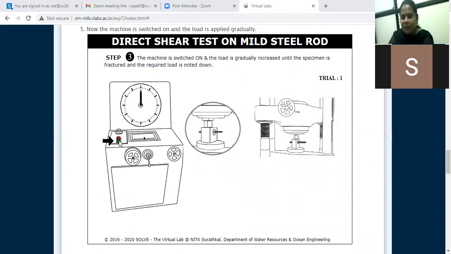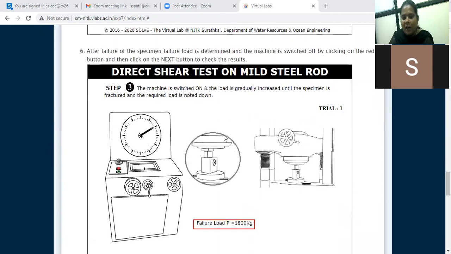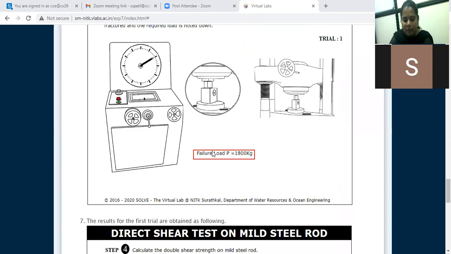After starting the machine, load will be applied on that particular rod, and the applied load is uniformly distributed because the plate is fixed, and due to this plate the load is applied as a uniformly distributed load. After the load carrying capacity is over, the rod will break and the failure load will be shown here.